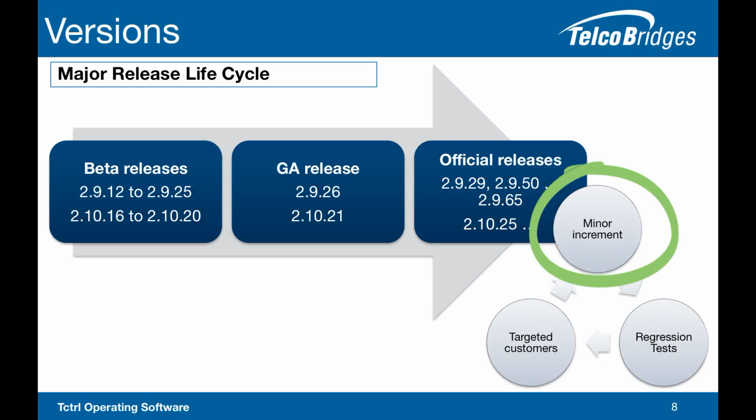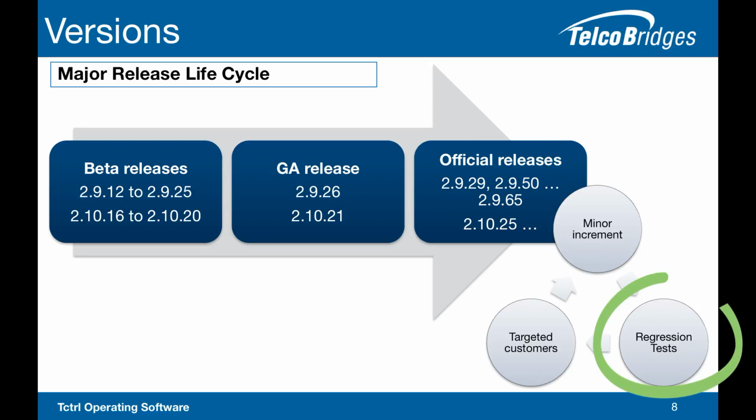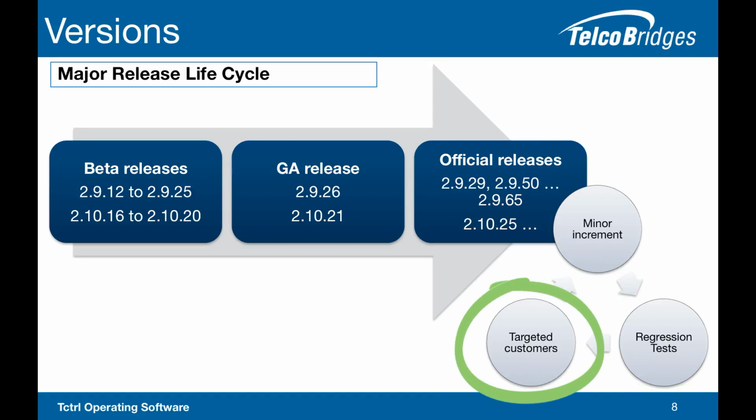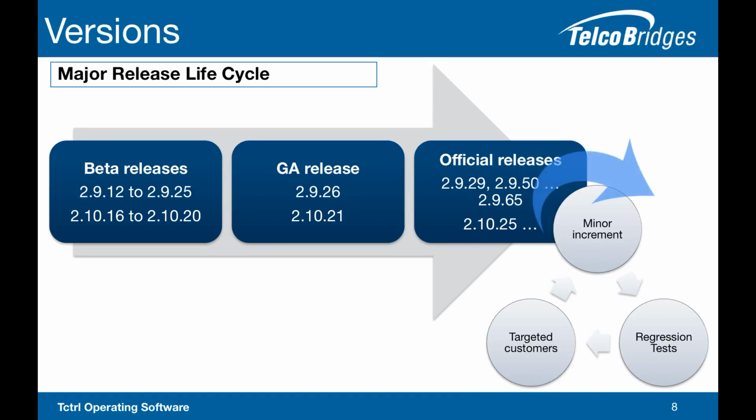A new minor release is then created and goes through a series of fully automated regression tests. Once the minor release regression tests are successful, our support team delivers the new release to targeted affected customers. This cycle is repeated for each minor increment.